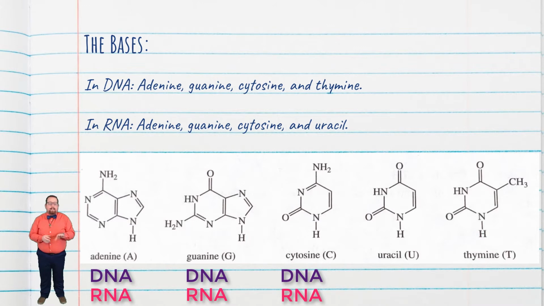The difference is in the 4th base. In DNA, we use thymine, but in RNA, we use uracil. The bases are a really important part of nucleic acids. All of the genetic information that determines the type of cell and how it operates in the body is coded within the sequence of those bases in nucleic acids.